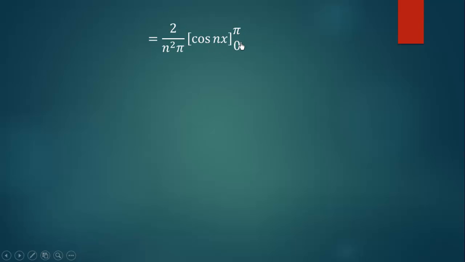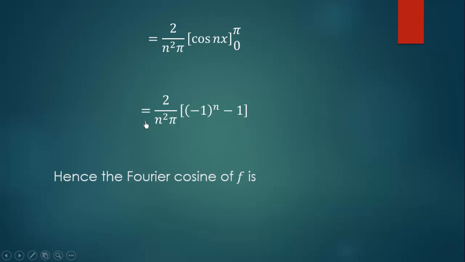Now evaluating from 0 to pi, we get 2 over n squared pi times negative 1 to the power n minus 1. So our a sub n is giving us this result.